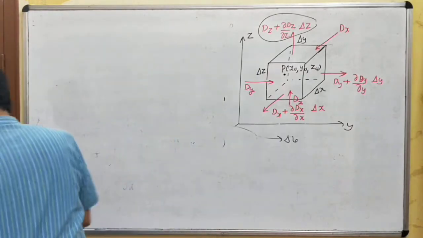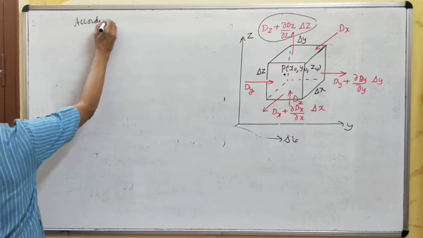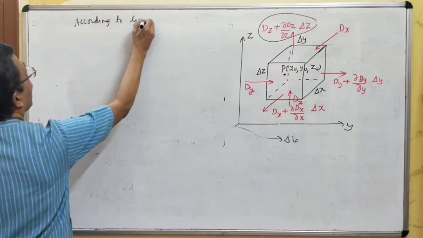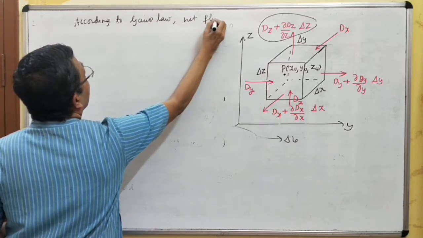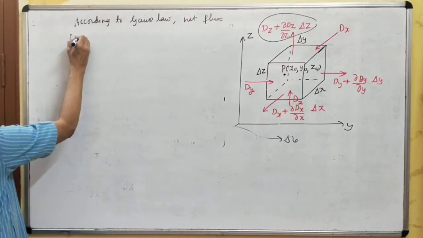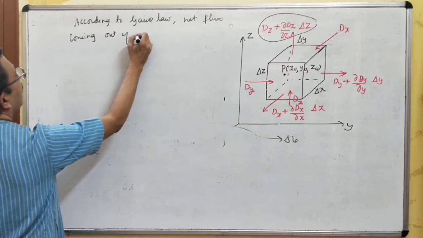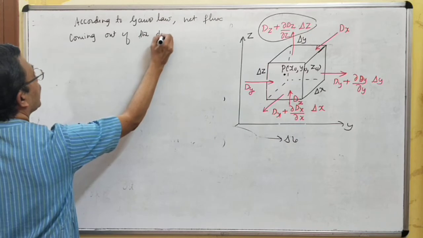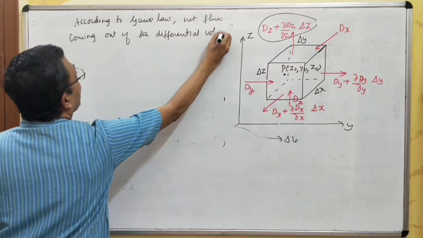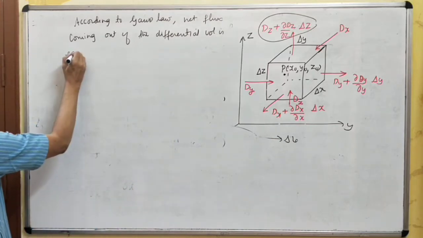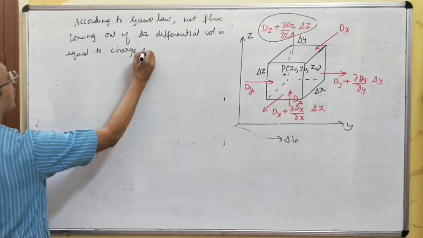Now I will go to Gauss law in point form. According to Gauss law, net flux coming out of the differential volume, a closed surface, is equal to charge enclosed.